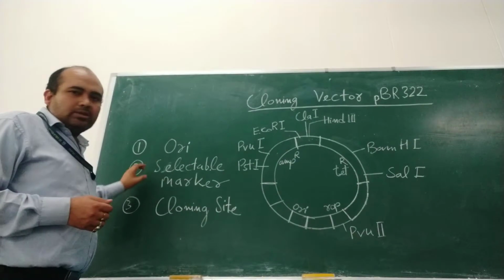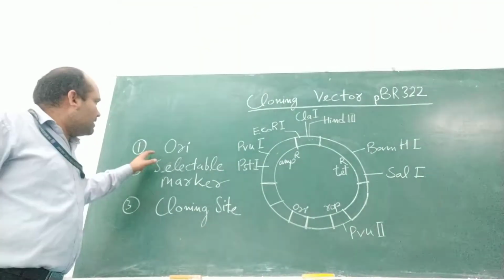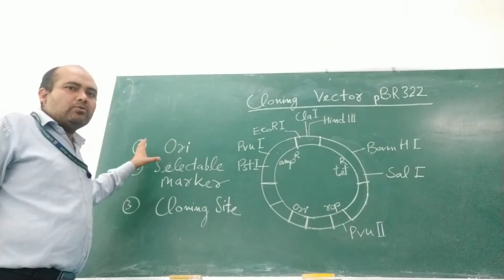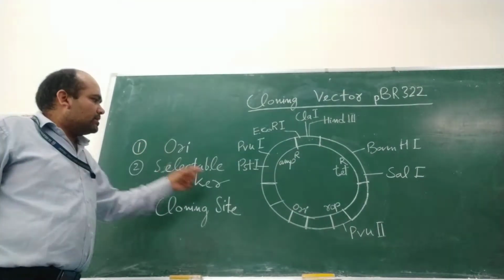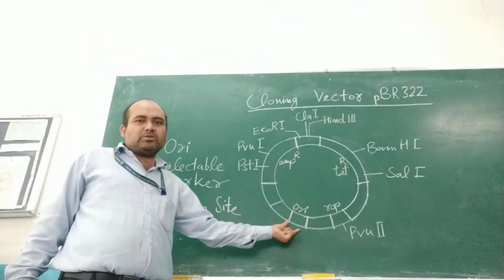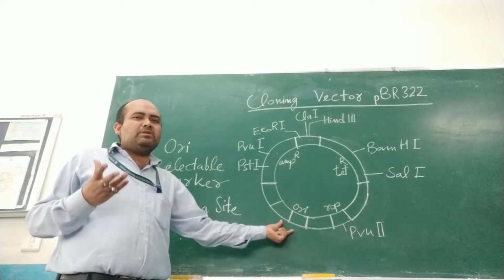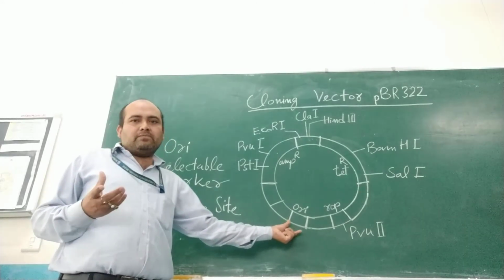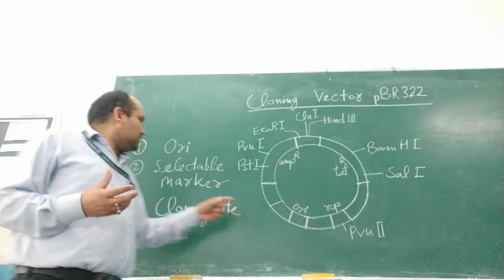These are the essentials of any cloning vector. First, any cloning vector should contain ORI sequences, that is origin of replication. The plasmid should contain one, two or maybe three ORI sequences from where the replication will start.